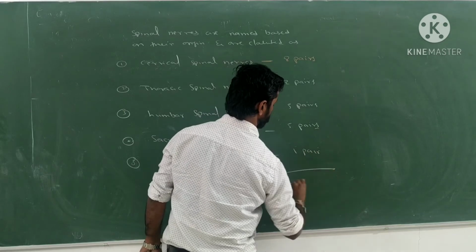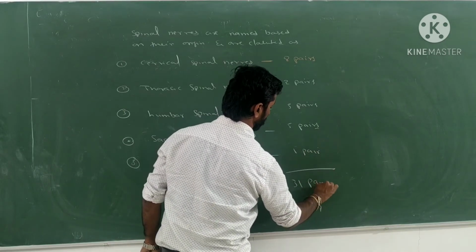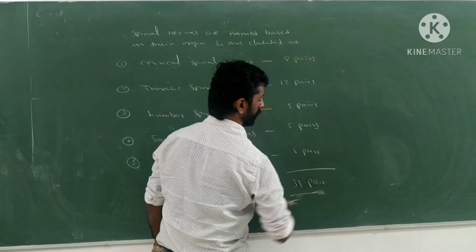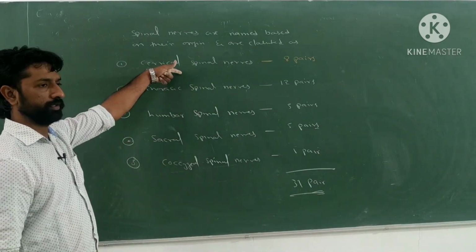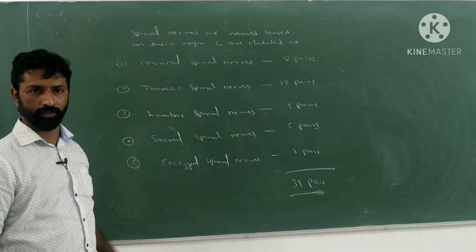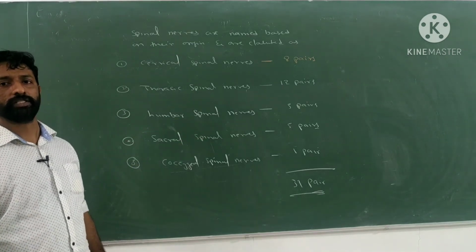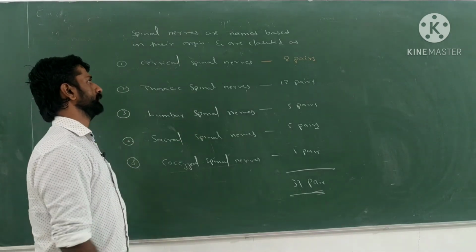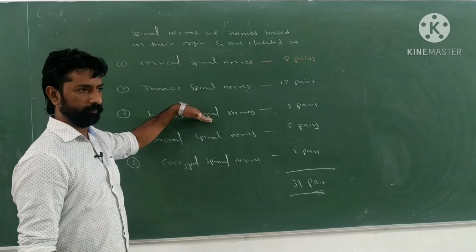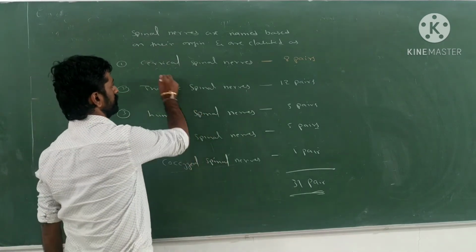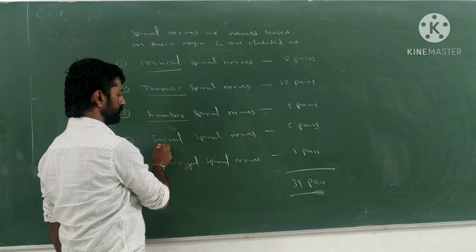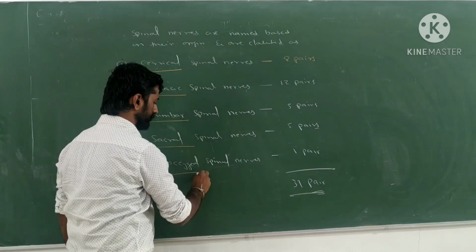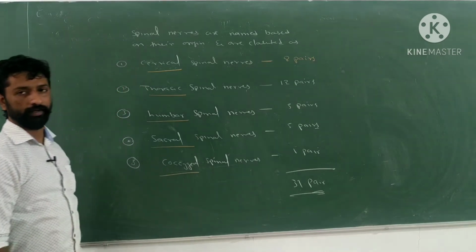So like this, a total of 31 pairs of spinal nerves arise from the various parts of what is it? Vertebral column. Based on the origin of their location over the vertebral column, they are classified as cervical spinal nerves, thoracic spinal nerves, lumbar spinal nerves, sacral spinal nerves, and coccygeal spinal nerves.